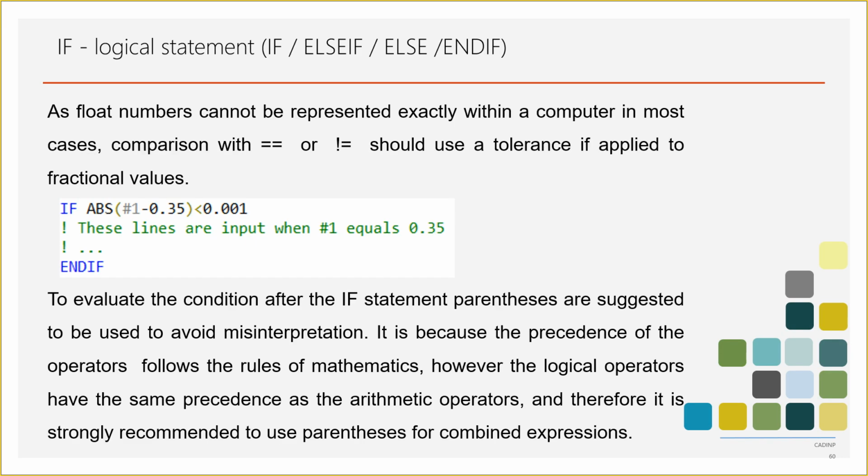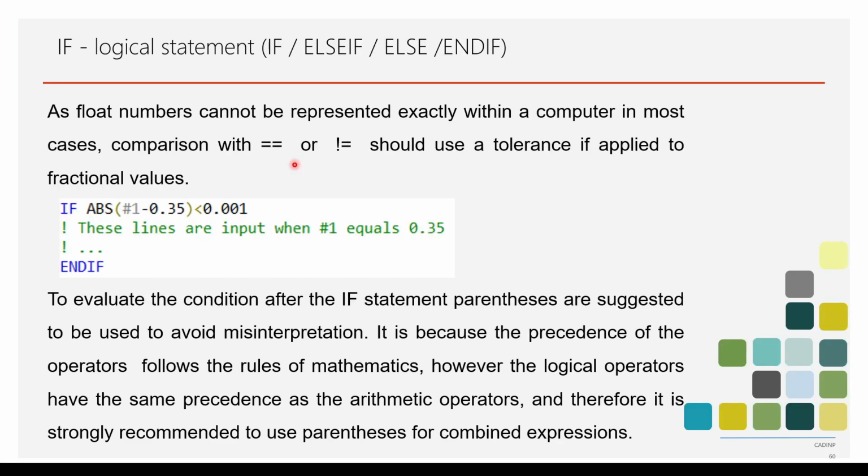It is important to be careful when evaluating and comparing floating point numbers, as they cannot be represented exactly within a computer in most cases. Therefore, when using the double equal or exclamation point equal sign operators to compare fractional values, a tolerance should be applied.